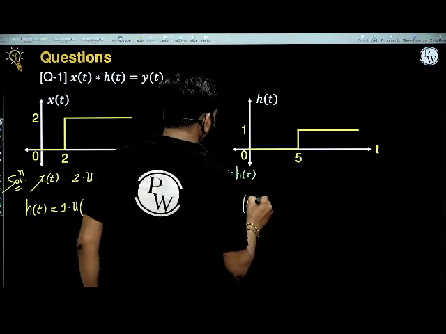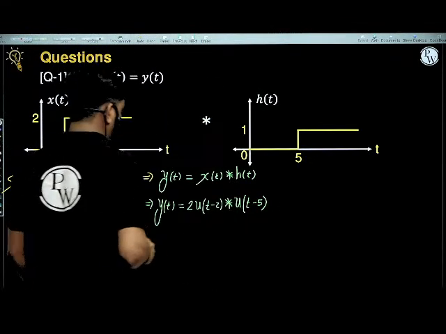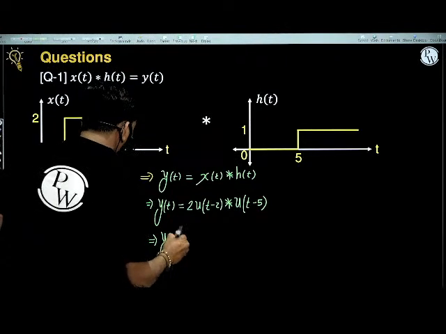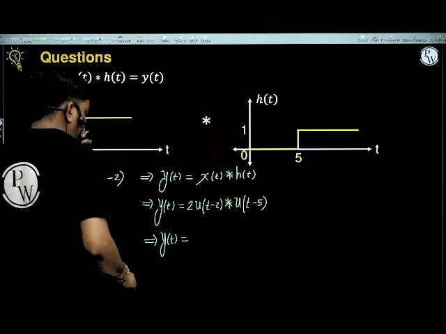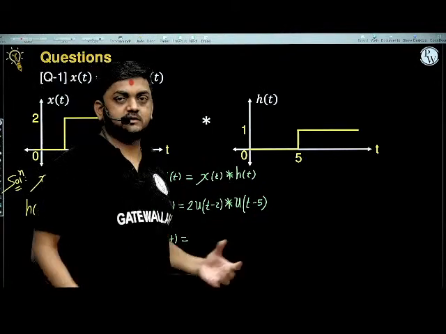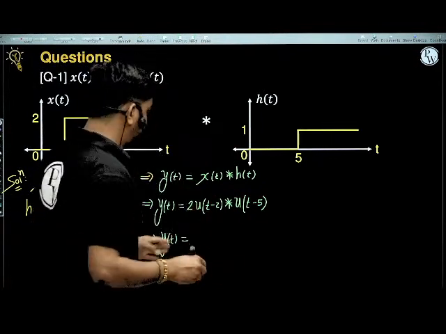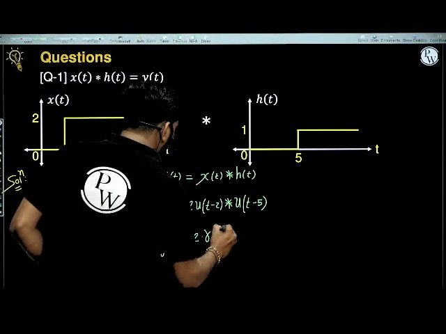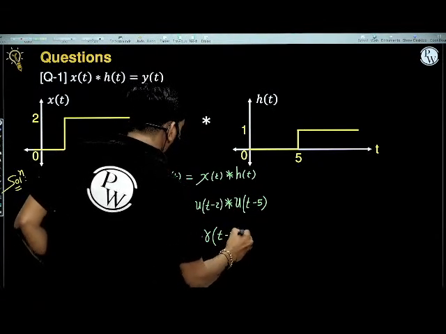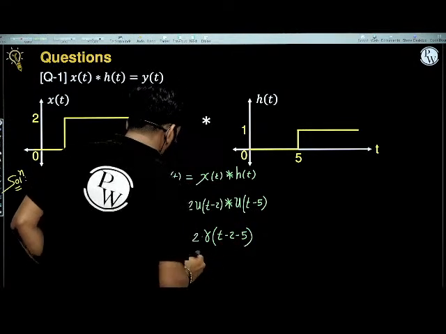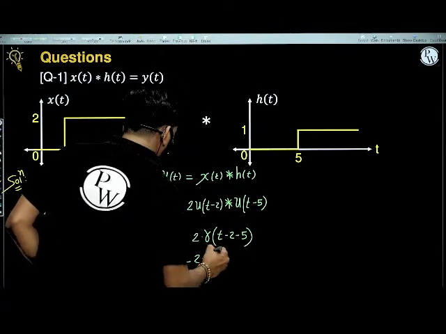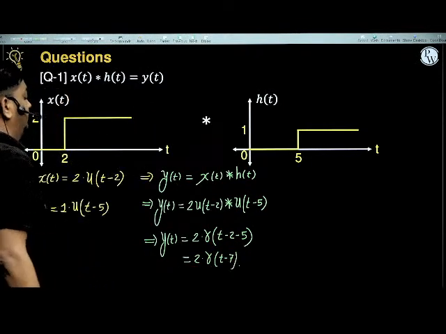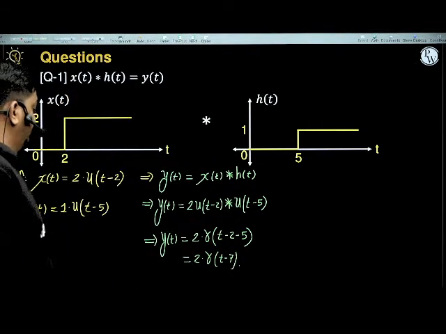The convolution of u of t with u of t is nothing but r of t, so this is 2 r of t minus 2 minus 5. So the answer is 2 times r of t minus 7, correct? r of t minus 7, fine.